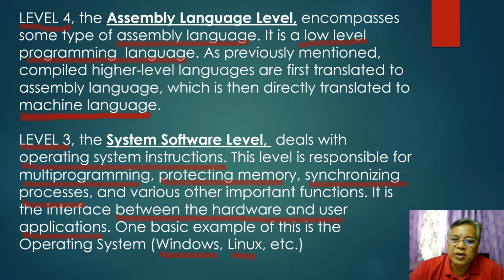So if you make, for example, a program and you made a mistake in creating the program, then the system software will provide you with an error message for you to be able to know that there is something wrong with your program. Okay, so it is the interpreter between the hardware and the user applications or the user itself.